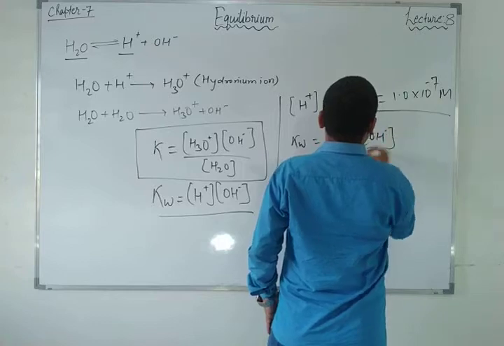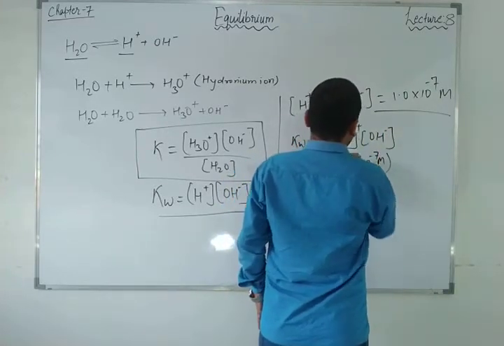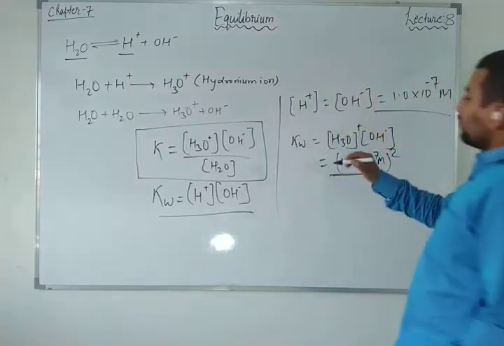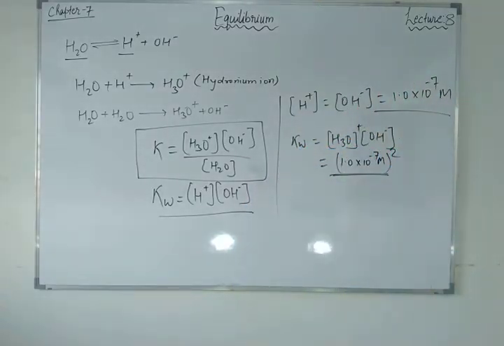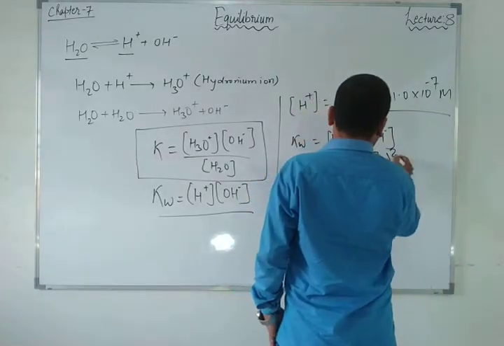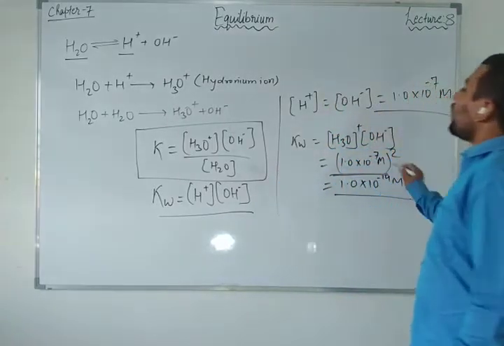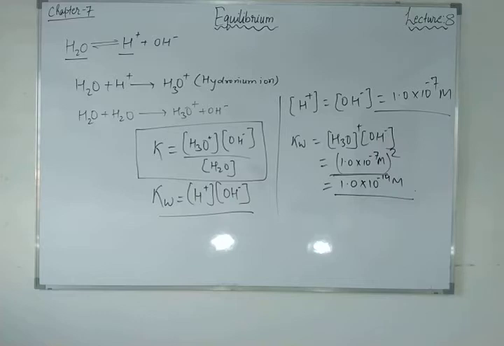So it will just be 1.0 into 10 to the power minus 7 M, whole squared. 1 into 1 will be 1, and 10 to the power minus 7 into 2 is 10 to the power minus 14 M squared. So this is the value of the constant Kw of water.